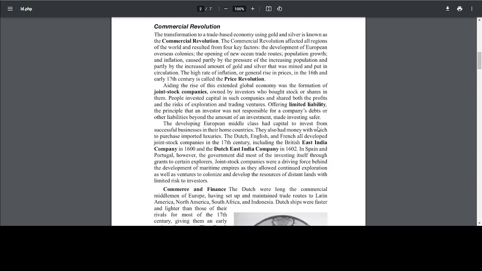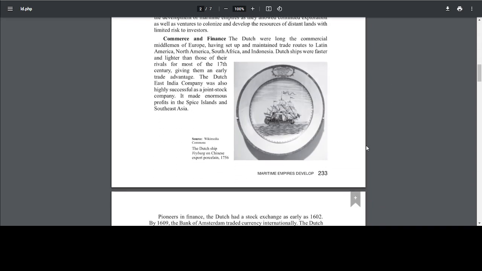Joint stock companies were a driving force behind the development of maritime empires, as they allowed continued exploration, as well as ventures to colonize and develop the resources of distant lands with limited risk to investors. Commerce and finance. The Dutch were long the commercial middlemen of Europe, having set up and maintained trade routes to Latin America, North America, and South America and Indonesia.